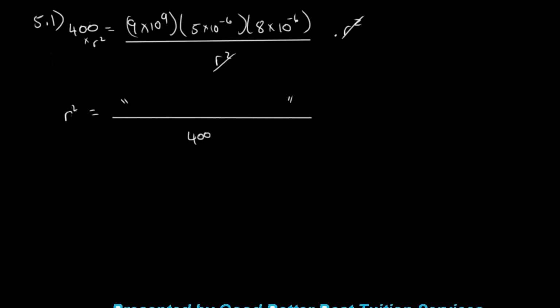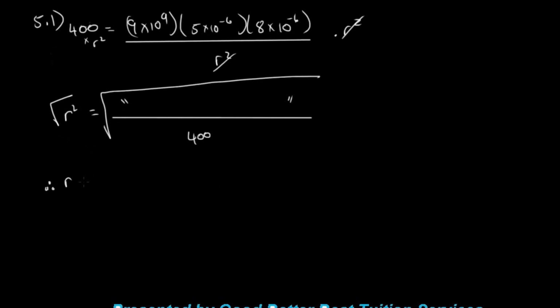And remember, now the distance is squared. So after we get an answer for 9 times 10 to the 9 times 5 times 10 to the negative 6 times 8 times 10 to the negative 6 divided by 400, we still need to square root our answer to get what R is going to equal.